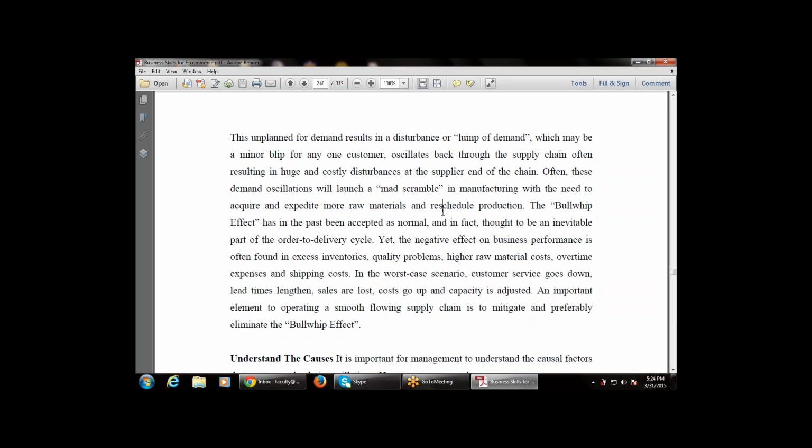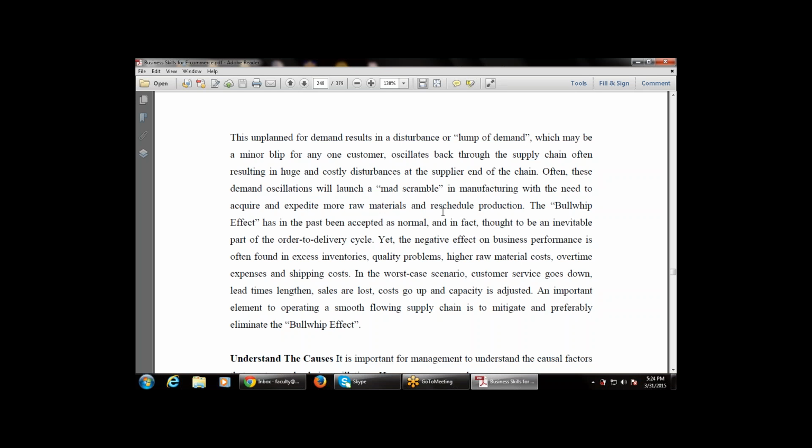In the worst case scenario, customer service goes down, lead times lengthen, sales are lost, costs go up, and capacity is adjusted. So there are many situations and blunders that have to be taken care of whenever the bullwhip effect occurs in supply chain management.